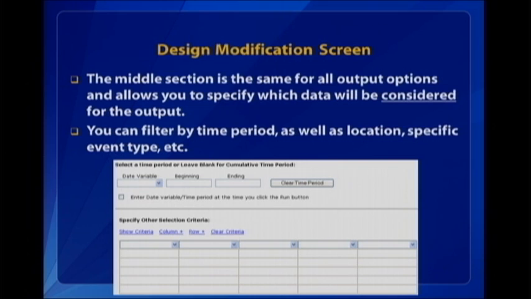We have quick reference guides related to each one of these mini sections on this screenshot, so we recommend looking at those. For those in the room, they're in the quick reference guides we've provided. And I will say that using the grid for the specify other selection criteria can take a little getting used to, so just experiment with it a little bit.